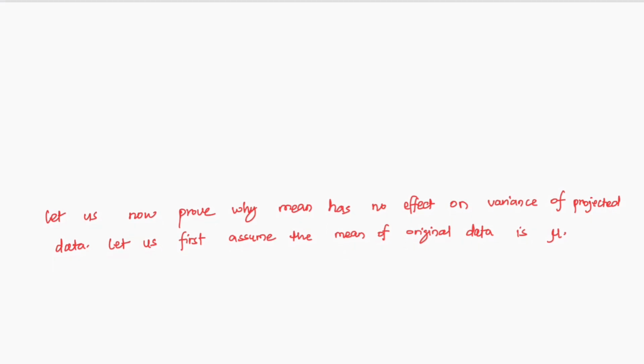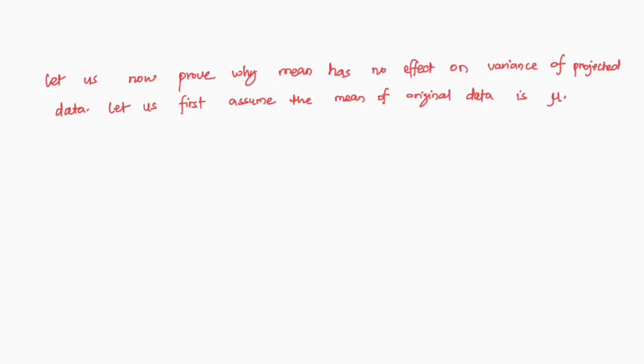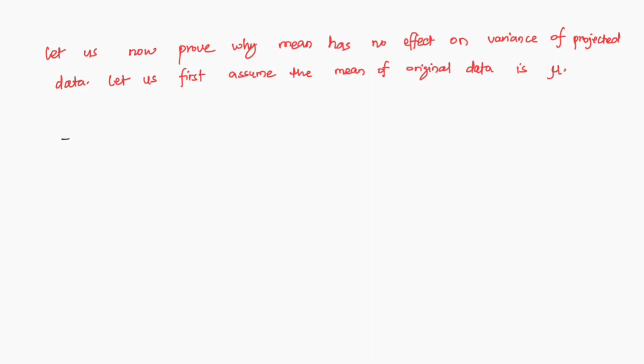Now let us prove why the mean has no effect on the variance of the projected data. Let us first assume that the mean of the original data was mu. In this section, we will do the mean centering of data whose original mean was mu, and we will understand why, even if we do the mean centering, there is no effect on the calculation of PCs. So now let us recenter the data using the mean mu.